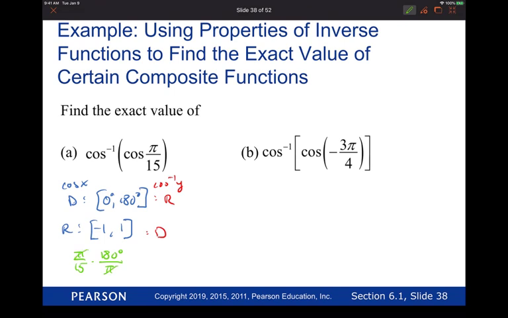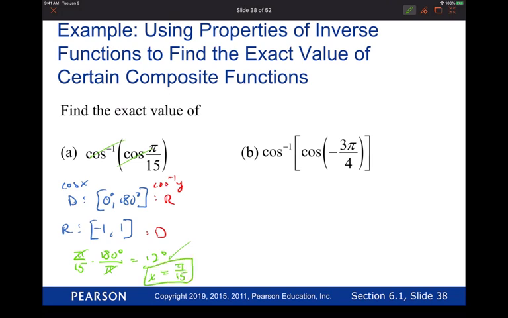Hey Siri, what's 180 divided by 15? 180 divided by 15 is 12. So this should be 12 degrees. Is that from 0 to 180? So it checks out. Essentially these are just going to cancel, and x should be equal to pi over 15. We'll come and check it in a moment.